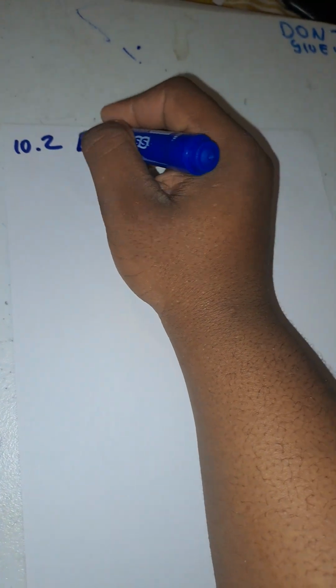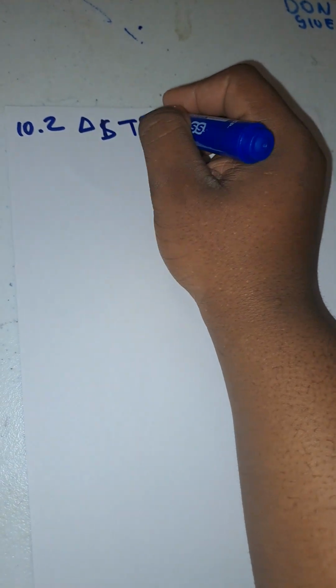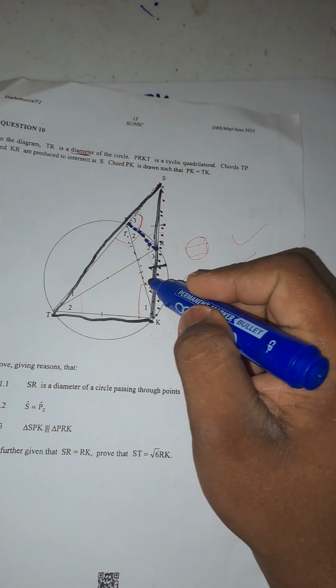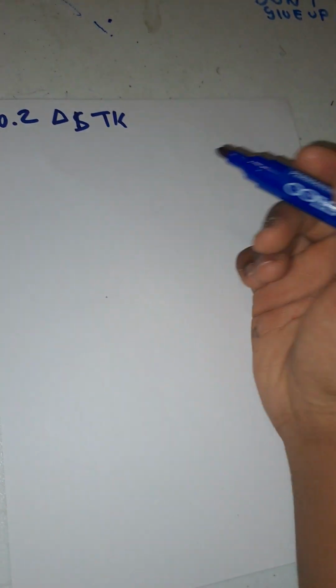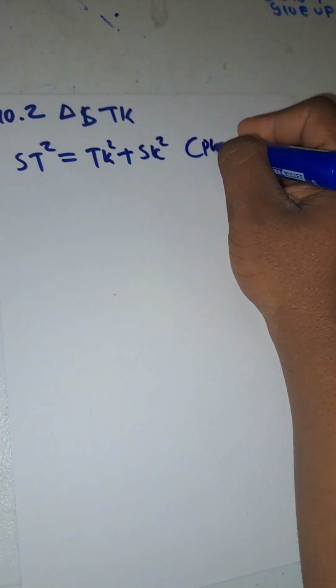So I will start by saying in triangle STK, because that's the only one I'm using, I can see that I have my 90 degree here. I told you. So it basically means I'm going to use my Pythagoras theorem. ST squared equals TK squared plus SK squared.